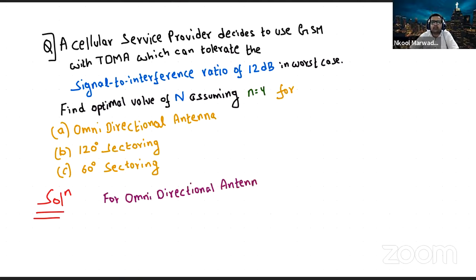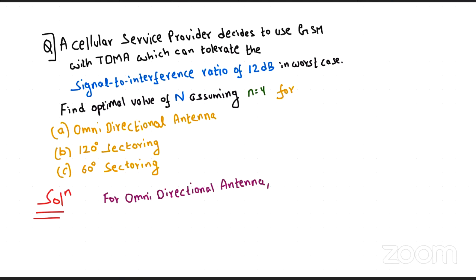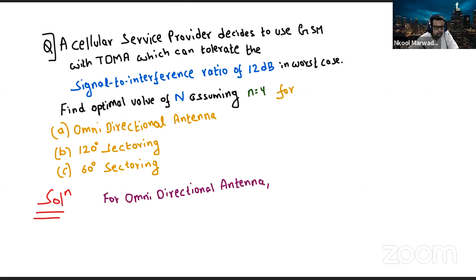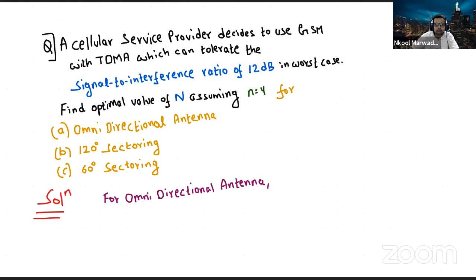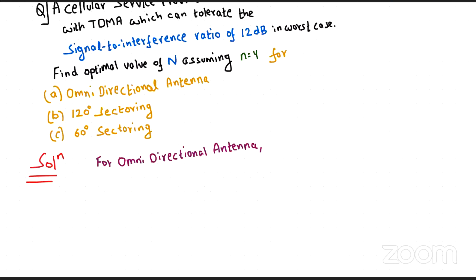Do you know any relationship between S by I, signal to interference ratio, and capital N, that is the cluster size? S by I equals root 3N to the power n by I naught.